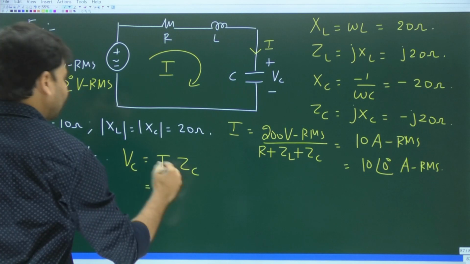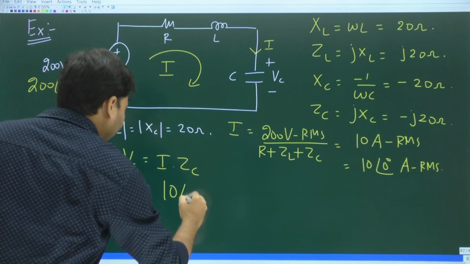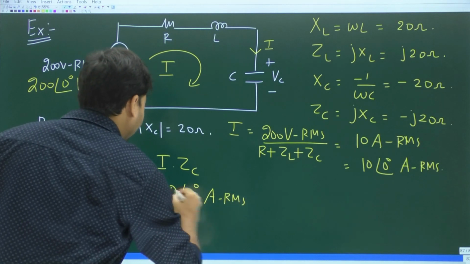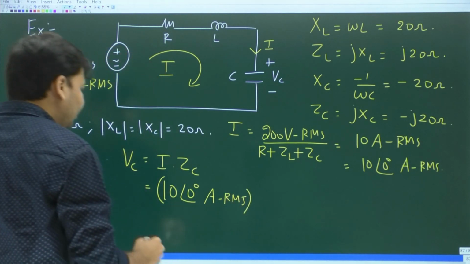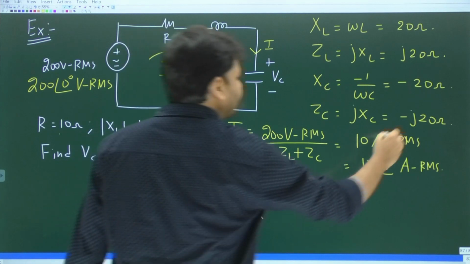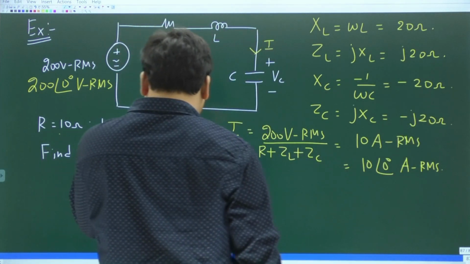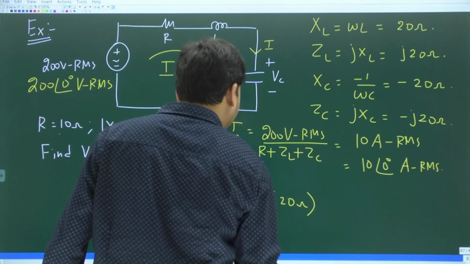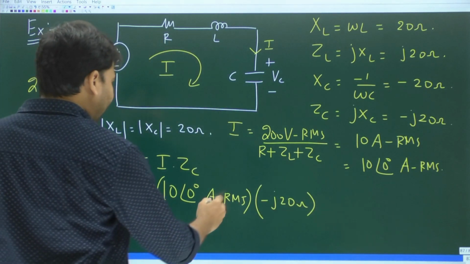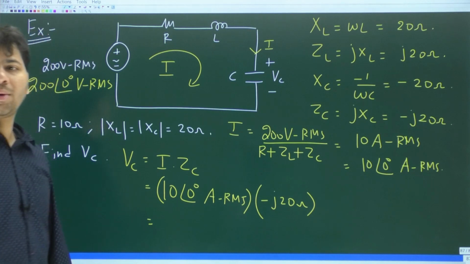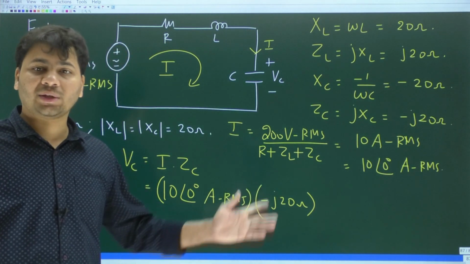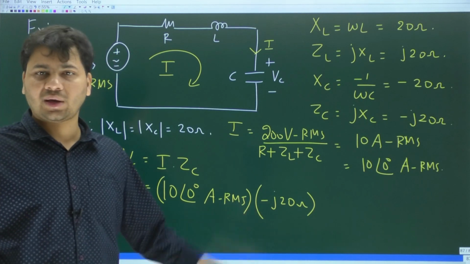So I, the loop current, is 10 at an angle 0 degrees amperes RMS times ZC, which is minus j20 ohms. Amperes into ohms is volts, and volts RMS because the current is in RMS terms.